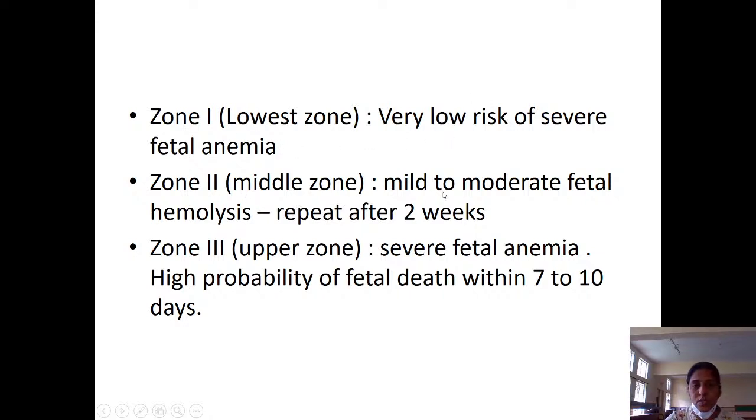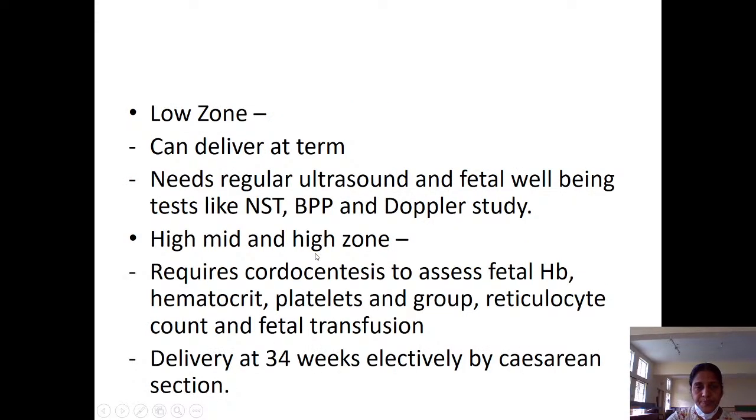Then the middle zone indicates mild to moderate fetal anemia. Here we have to expect the need for intervention and continue surveillance. And in the high zone, there is high probability that the baby is severely affected, so within 7 to 10 days the baby must be salvaged and delivered.